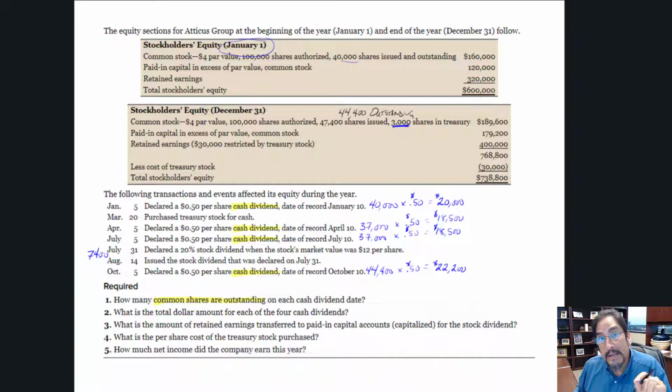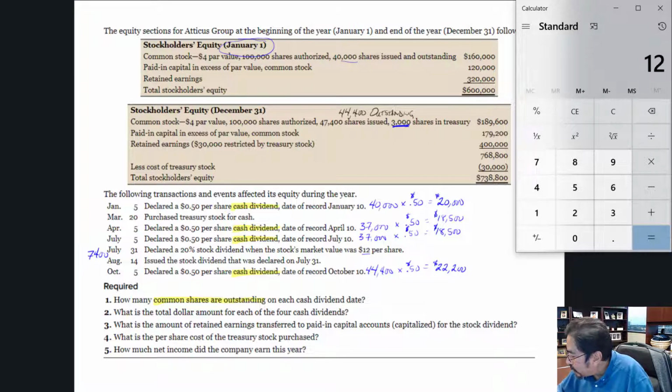Small and large tell us which dollar amount to use times the number of shares. When it's a small stock dividend, we use market value. When it's a large stock dividend, we use par value. This is a small stock dividend. 25% is the threshold. We're at a 20% stock dividend, so we're going to use market value.